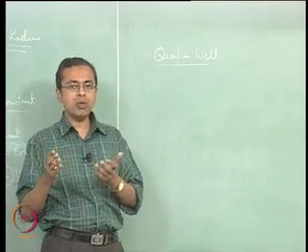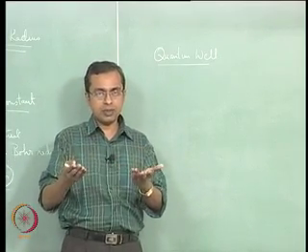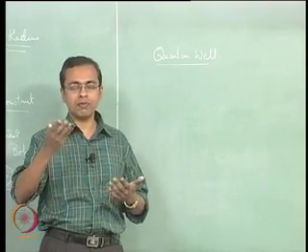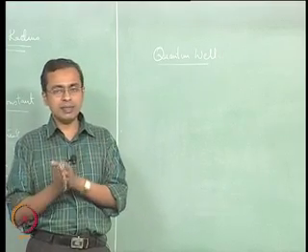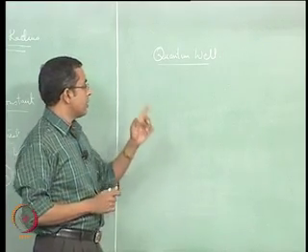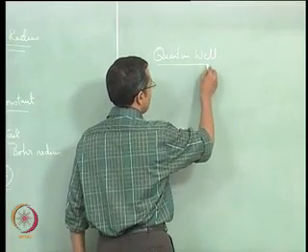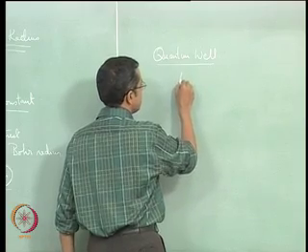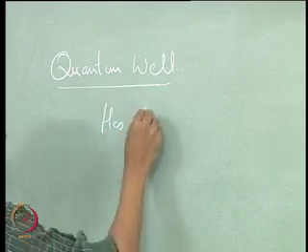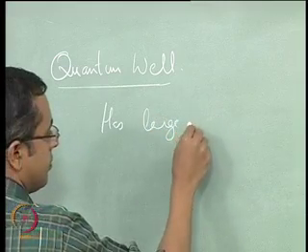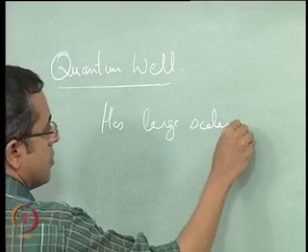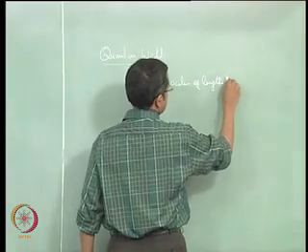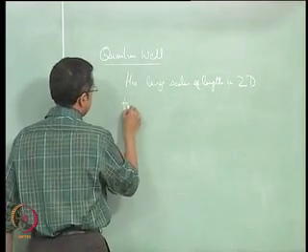In principle, in fact, they do not normally do it that way, rather they grow it up that way. So you start with nothing and you grow atoms of whatever it is that you are growing till you get a very thin layer of whatever it is that you want, okay, or you may even sandwich it between 2 different materials. So what you have got is a material which has large dimensions in 2 dimensions, but it is very thin in 1 dimension.